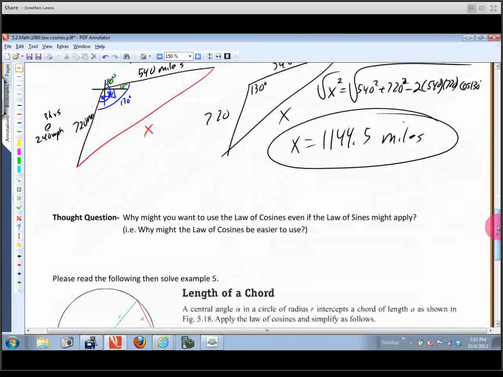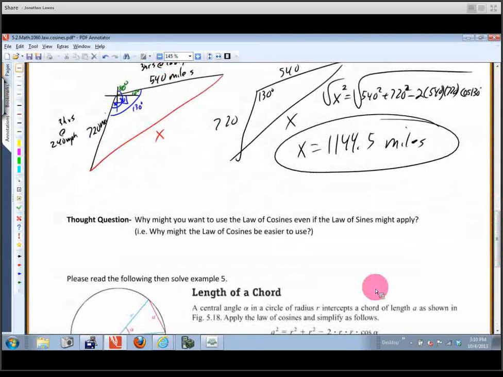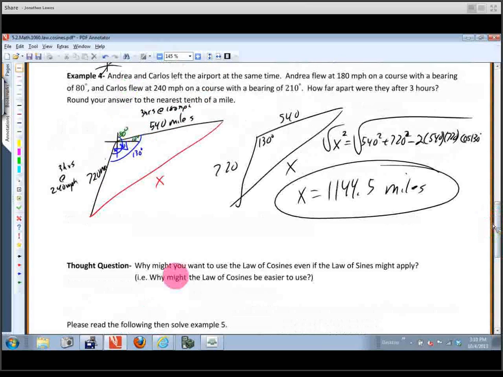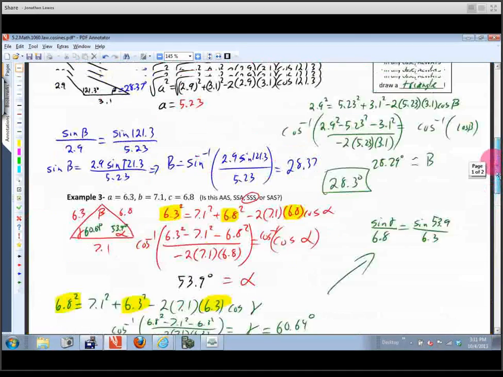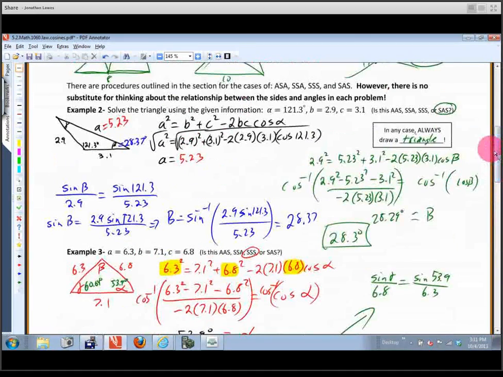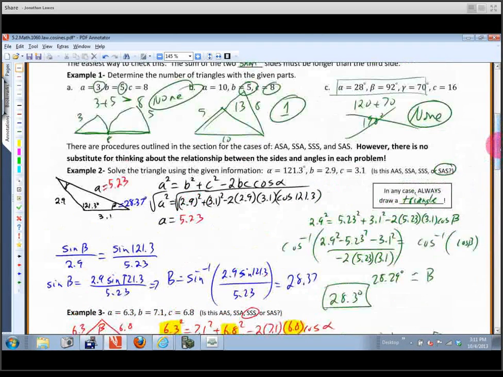Let's take a look at the next little thought question. It says, why might you want to use the law of cosines even if the law of sines might apply? In other words, why might the law of cosines be a little bit easier to use? So if we think about that for a minute, the nice thing about the law of cosines is there's no ambiguity. Remember, if there's a triangle, the law of cosines is going to get the answer for us.